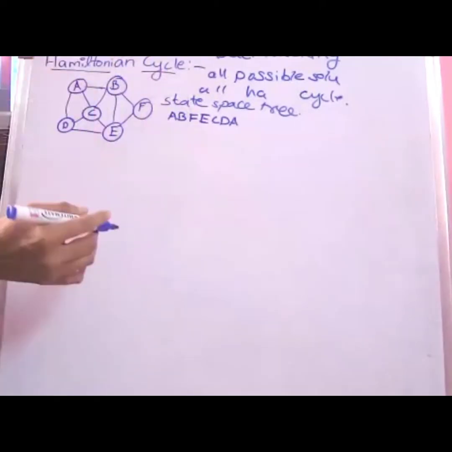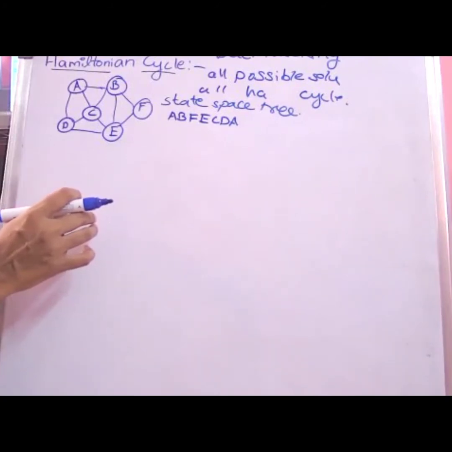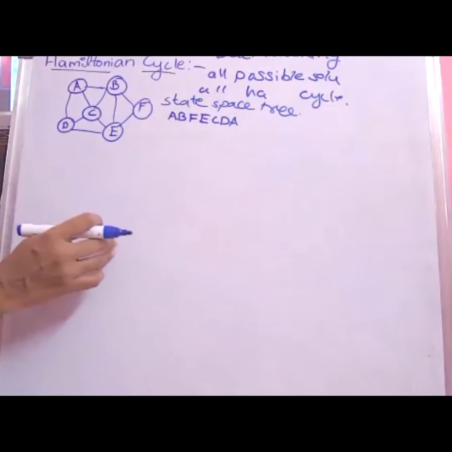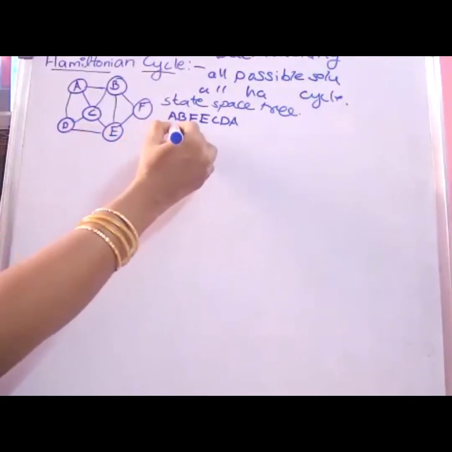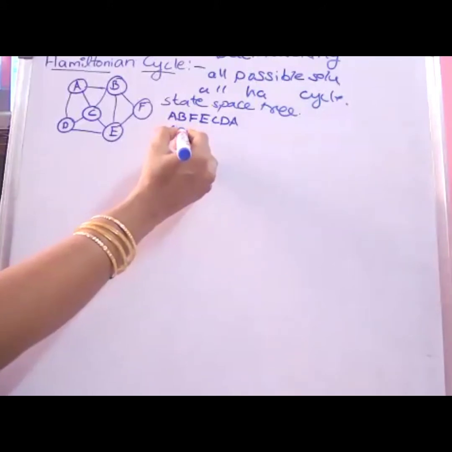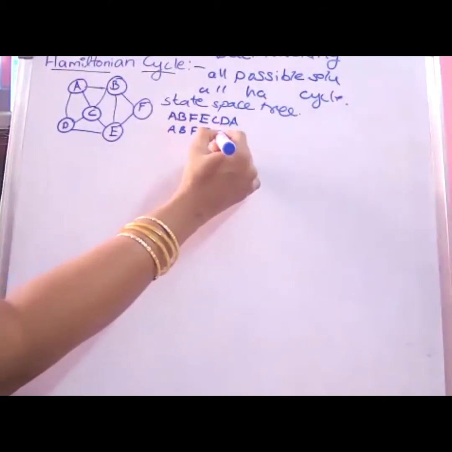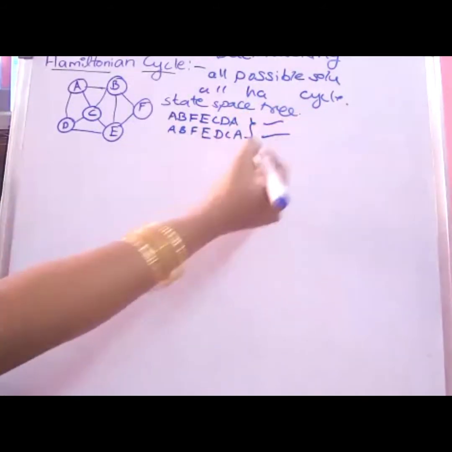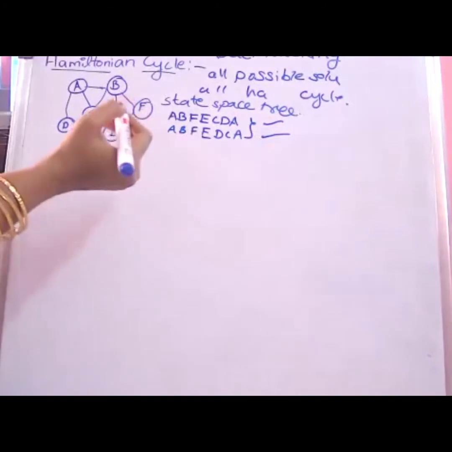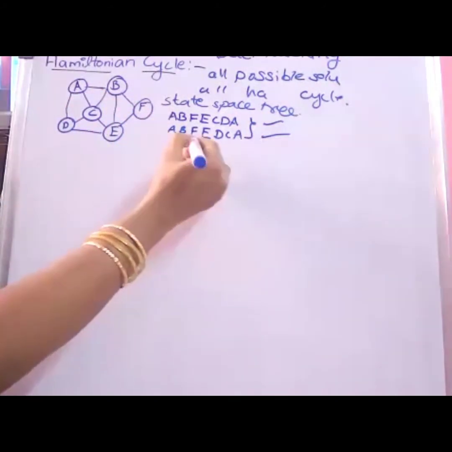So this is one possible solution, and 43 also tried to give one more possible solution. 54 gave one more possible solution too. So whatever possible solutions your classmates gave, I'm writing here. D, C. So roll number 54 gave these two solutions, and 43 also gave some solution. Okay.